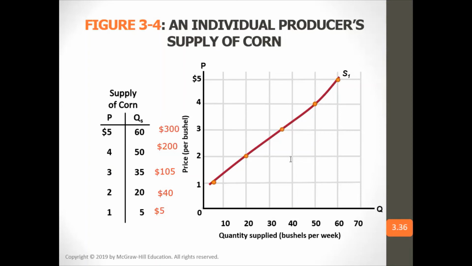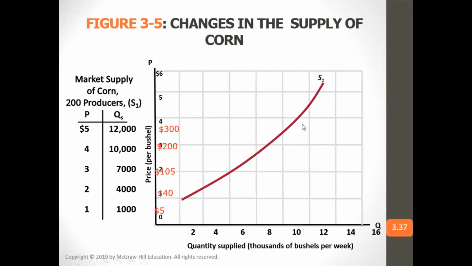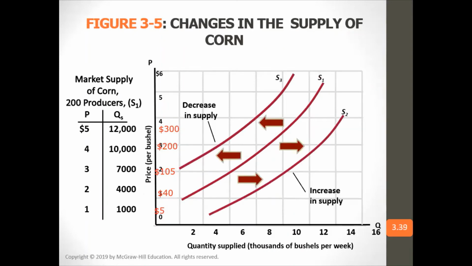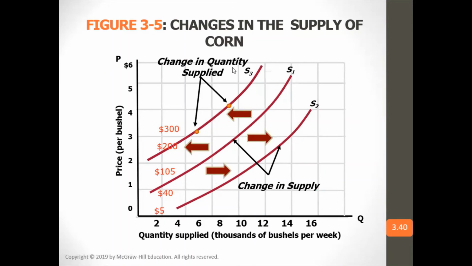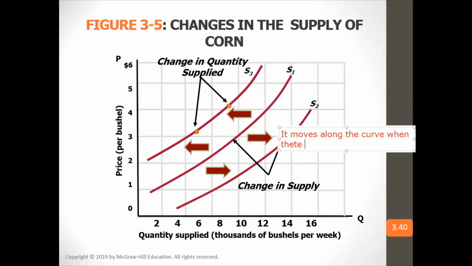So they make more money if they supply more. Increases in supply shift the curve right, decreases in supply shift it left. And it moves along the curve when there is a change in quantity supplied.